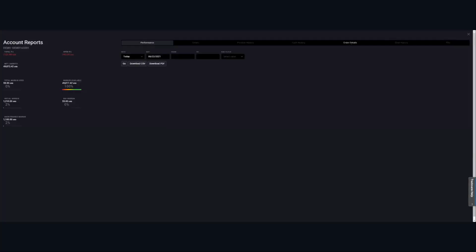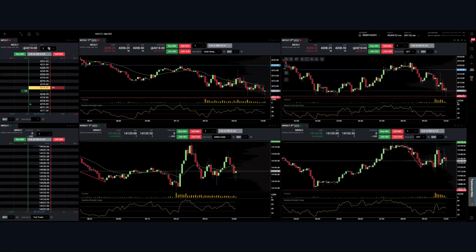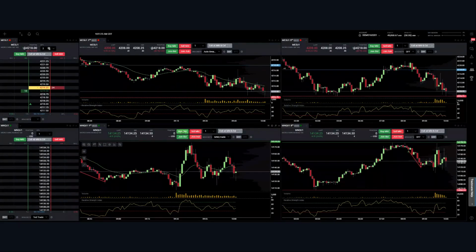So these are the day margins on accounts. For a micro MES, it's $55. That's really all you need for day trading in your margin account. MNQ is a little bit more. I'm going to open an MNQ trade just to show you that.